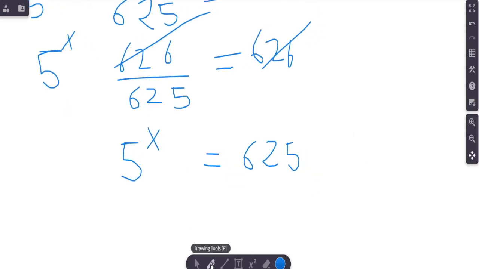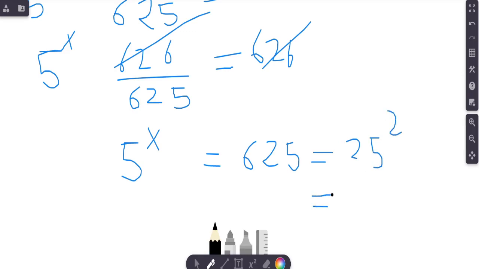But 625 can be rewritten as 25 squared, which itself can be rewritten as 5 squared. So we have a nested exponent here.